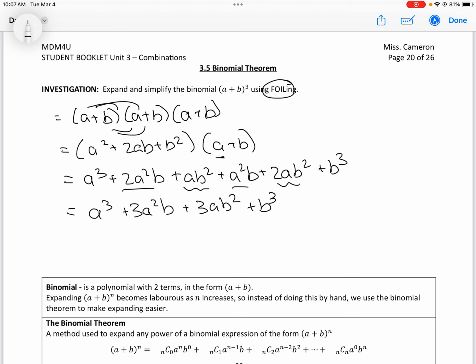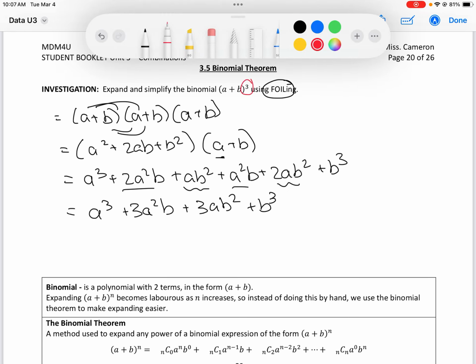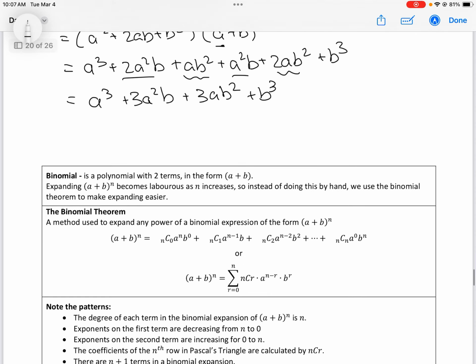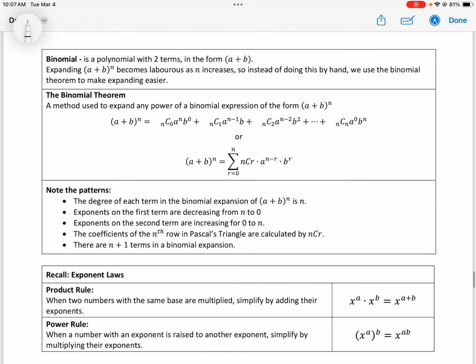Here's the thing though, this exponent here is only 3. So we're only expanding this 3 times. The issue is that if this number is like 5 or 8 or 10, the bigger it gets, the more tedious the expansion becomes. So what we do is we use binomial theorem and we use Pascal's triangle in order to expand.